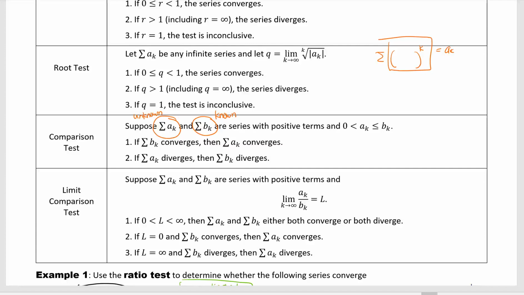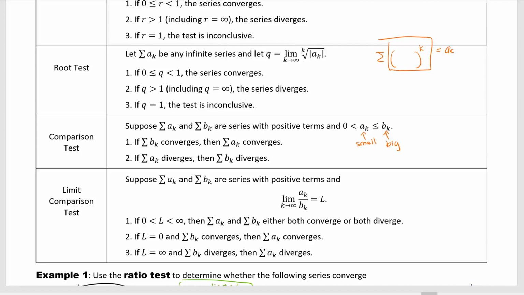Suppose we have another series that is known, with positive terms. So suppose the series a sub k and series b sub k are series with positive terms, and b sub k is the big guy and a sub k is the small guy.